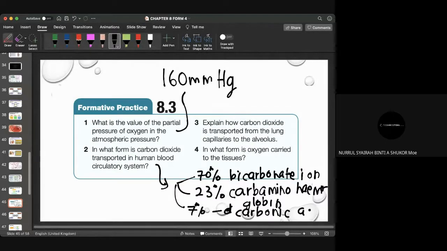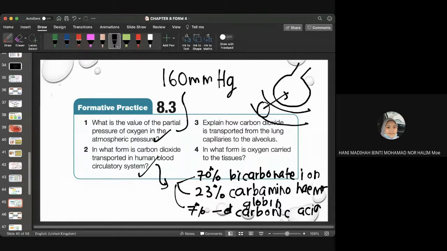Okay, nombor 3. Explain how carbon dioxide is transported from lung capillaries to the alveolus. Dalam ni, dia nak dissolve ke dalam. First, when the bicarbonate ion in blood plasma reaches the lung capillaries, it will diffuse back into the erythrocyte.